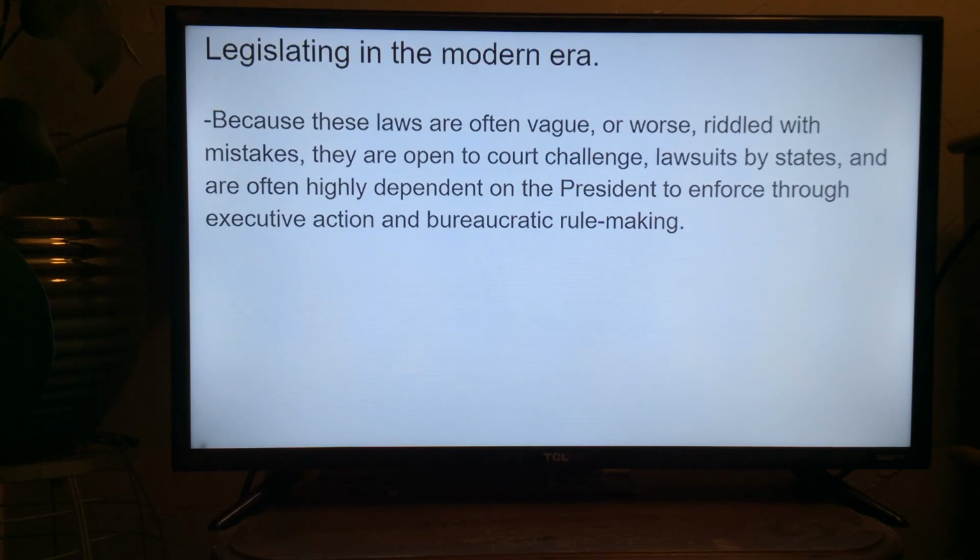And these laws are often highly dependent on the president to enforce through executive action and bureaucratic rulemaking, meaning that if you have a different president, maybe a president who doesn't like that law as much, that law oftentimes can really be weakened through presidential action without that law ever being repealed, which would take a vote of Congress. And so all these things combine to gum up the works of legislating in the way that our government and our Constitution works.